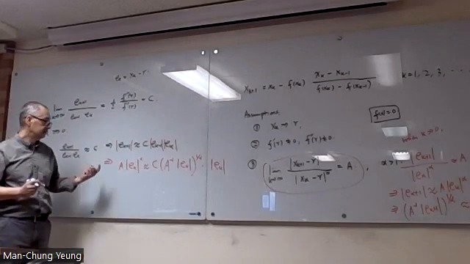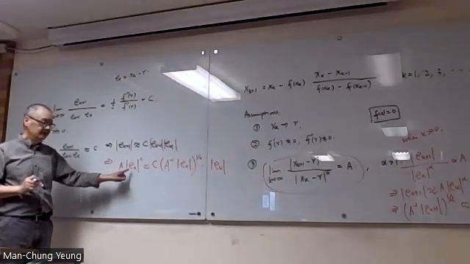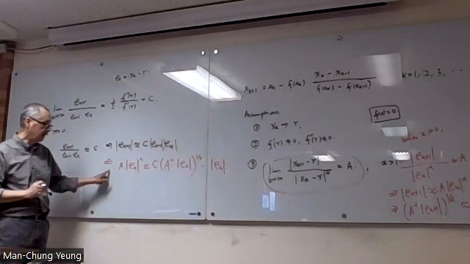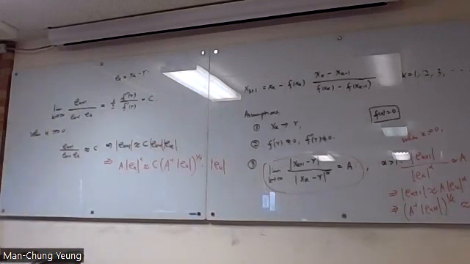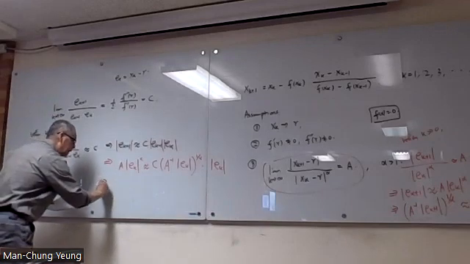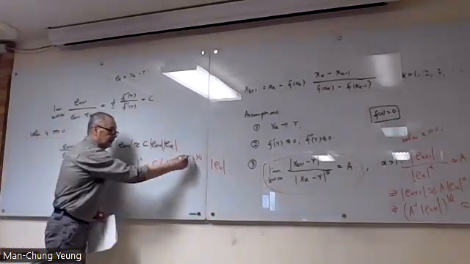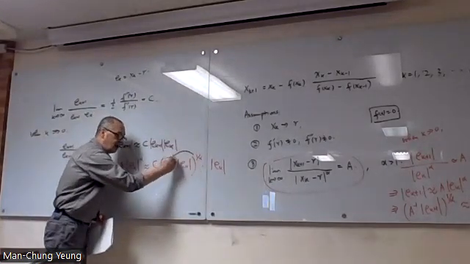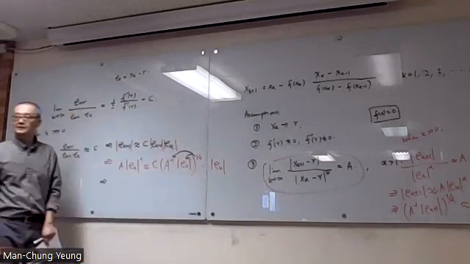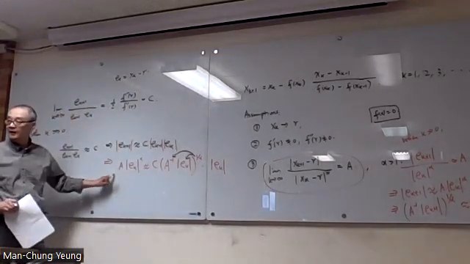Move constants to the left, Ek to the right. The power 1 over alpha is applied to the two factors, and then move this A to the left side.